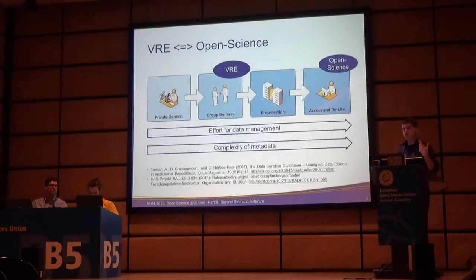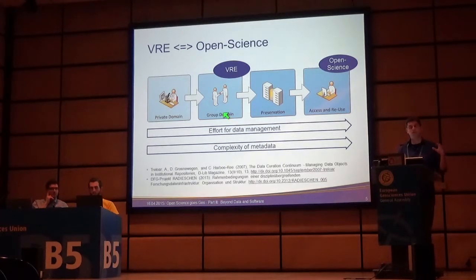How are virtual research environments connected to open science? For this, a diagram which goes back to Treloar et al., and was significantly improved by Jens and myself and other people in the Galician project, is quite helpful. If you look at research data in these four different domains: the private domain is basically the private workstation of the researcher.